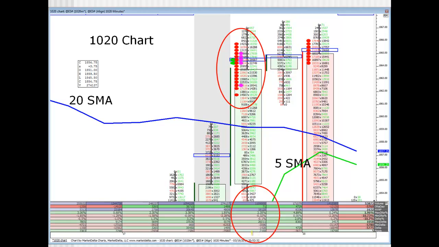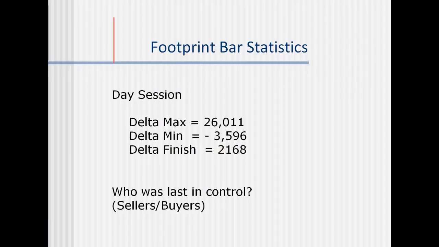The delta finish is the number at the bottom. Here is my delta min, minus 3596, and right above it is my delta max. I don't have to do any calculations. All I have to do is make sure I've selected those statistics to appear on my bar, and when they're there, just pull them out of the table and take a look at them.